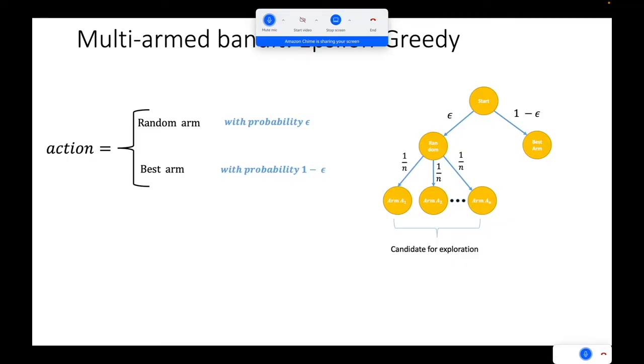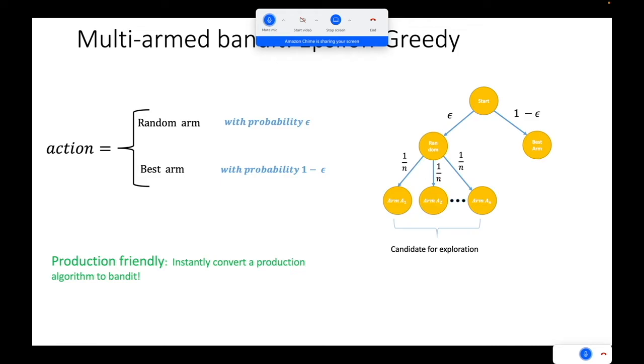It can select one of the arms randomly with the probability epsilon, and hence the name Epsilon Greedy, or it can pick an arm that it so far knows to be the optimal one, which we call the best arm, which is pulled with a probability of 1 minus epsilon. So it sort of unrolls in this flavor. You start, and then with probability epsilon, you pick a random arm, or depending on what you already know, you pick the best arm, right?